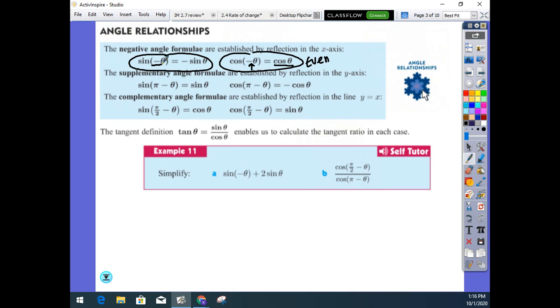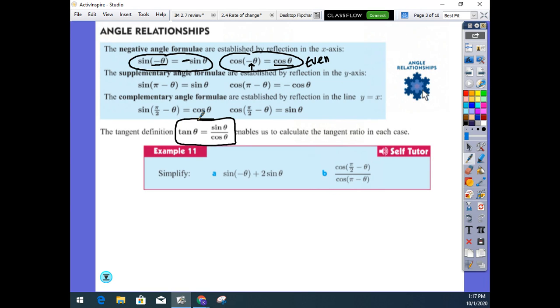With sine, sine is odd, so when you plug a negative in, it makes the whole thing negative. I don't think any of these are given in your formula booklet, but I don't know that you necessarily will see them on the IB test either. They are kind of handy with this first part though.